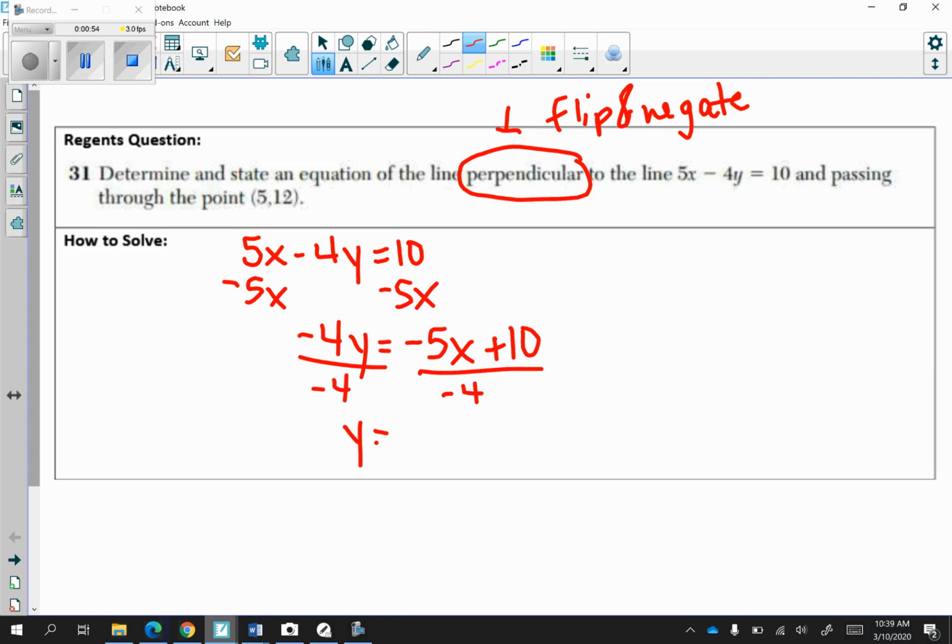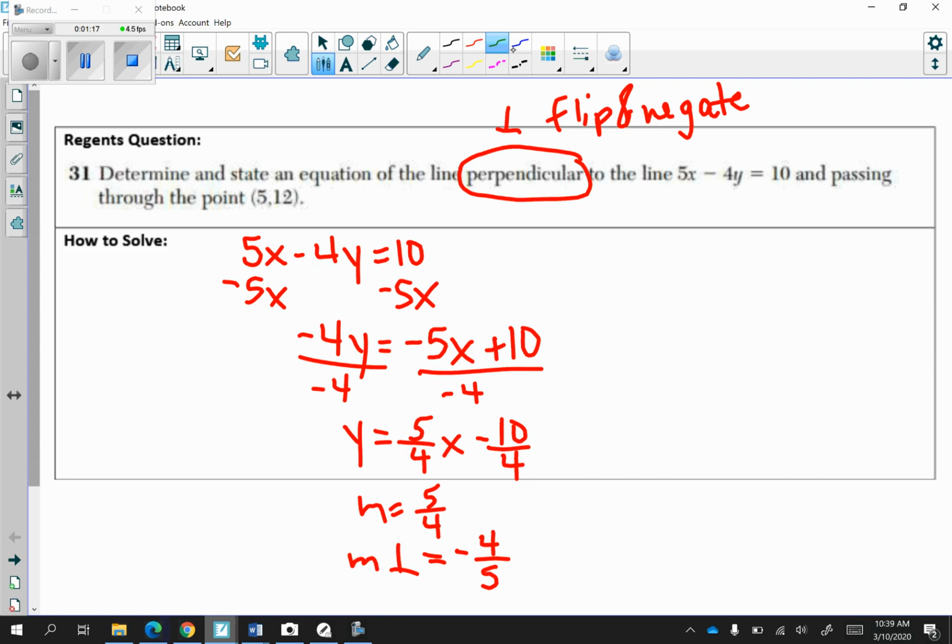So y is going to be equal to 5 over 4x minus 10 over 4. Now, the slope is 5/4, but now we need the perpendicular slope, which we flip and negate. So that's going to become negative 4 over 5.